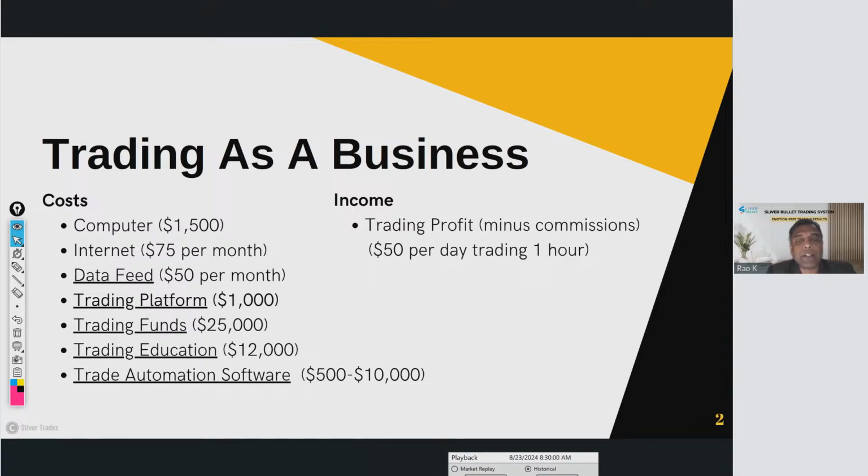Then trading software. To be able to trade efficiently, you need to use software, which costs anywhere from $500 to $10,000. So all these are the costs, and what's the income potential? I have considered a very small number of $50 per day, trading only 1 hour.